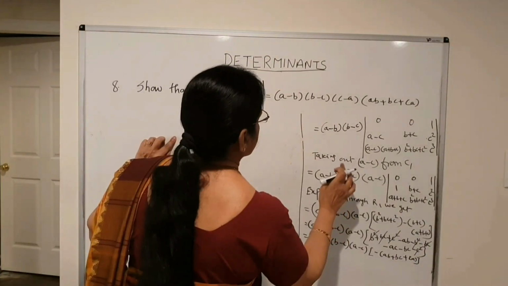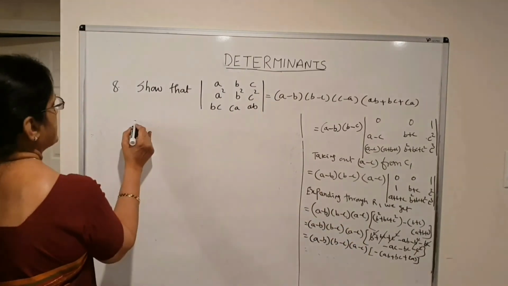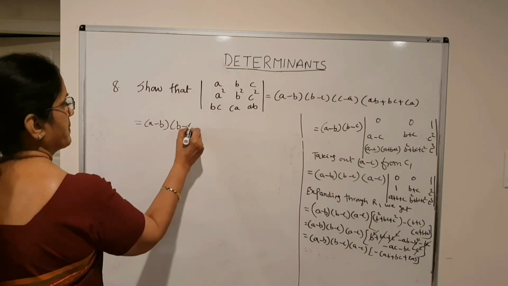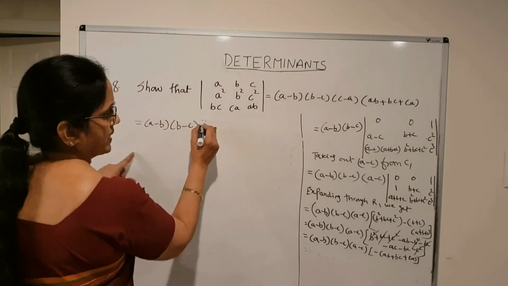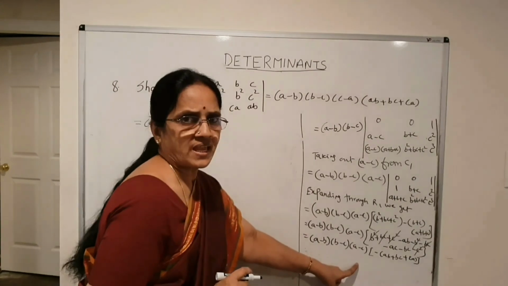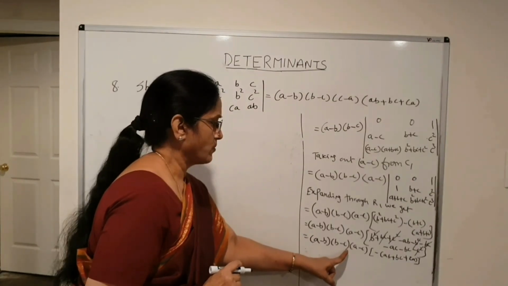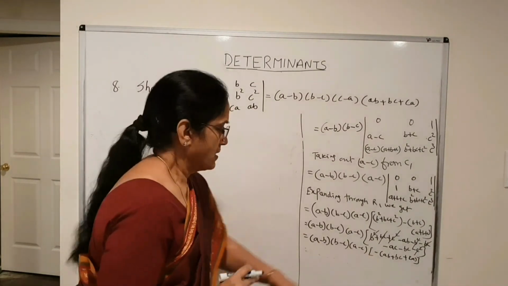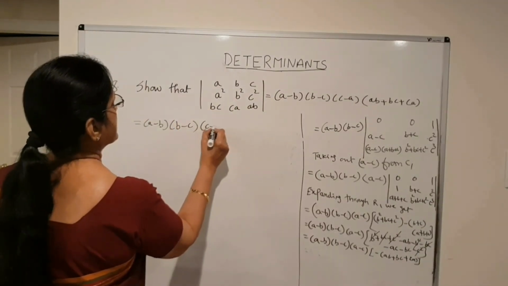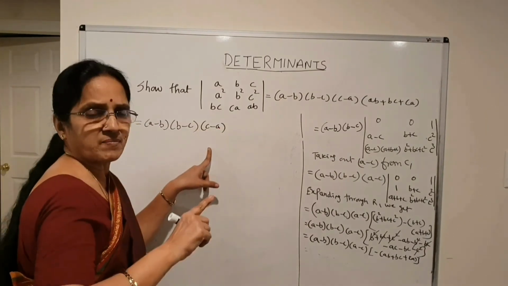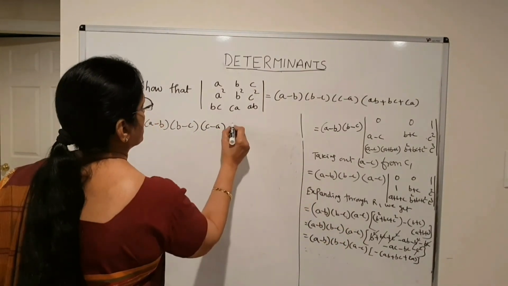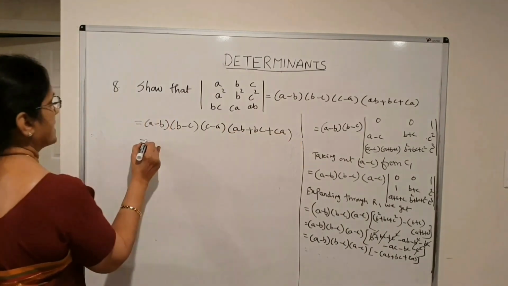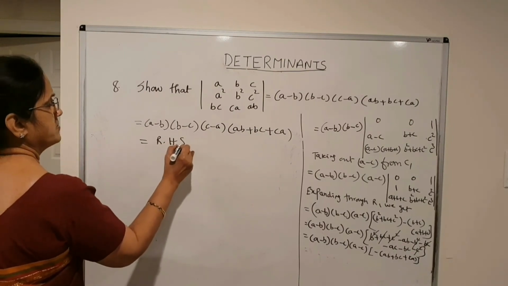So now this LHS I can write it as a minus b into b minus c into, if you see here, I want c minus a. That minus sign can be taken out. Already one minus sign is there. So minus into minus will become plus. So I can write this as c minus a. Instead of a minus c, I can write as c minus a. Then into ab plus bc plus ca, which is nothing but RHS.